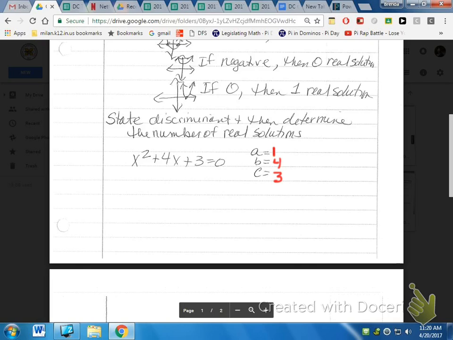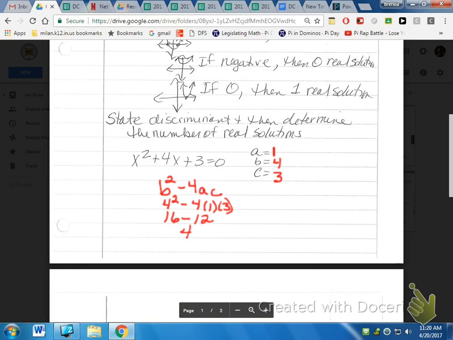My discriminant is b squared minus 4ac. It's the part that's under the radical sign. So we're talking 4 squared minus 4 times 1 times 3. I'm just plugging numbers in. 4 squared is 16, minus 12.